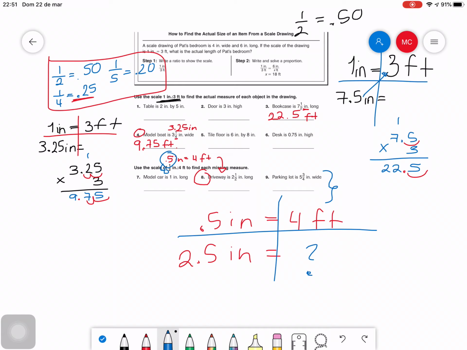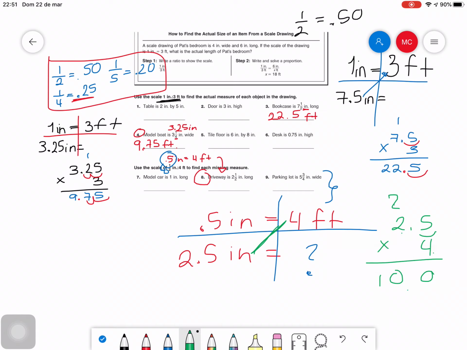This one may require you to do an extra step, okay? Acuérdate que la regla de 3 era multiplico en diagonal. 2.5 times 4. 4 times 5 is 20. 4 times 2 is 8, plus 2 is 10, and I had a decimal, right?